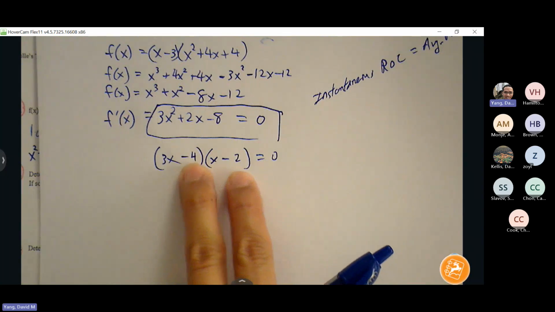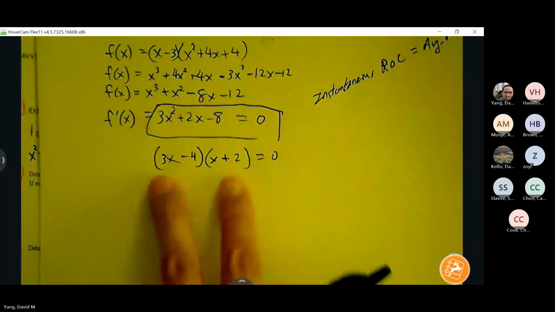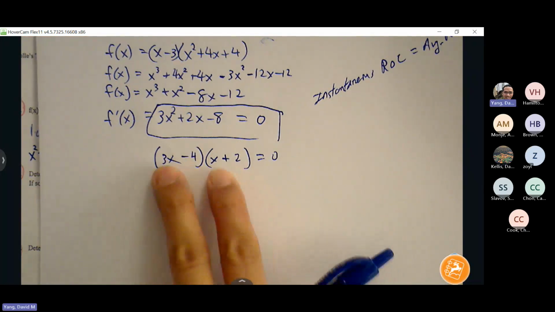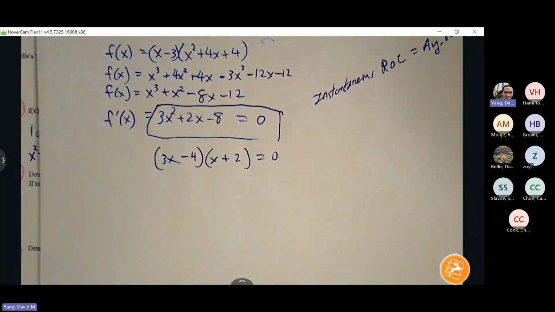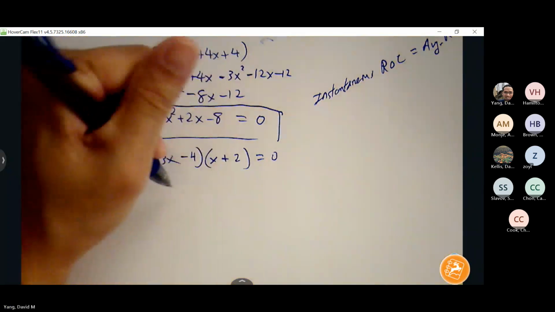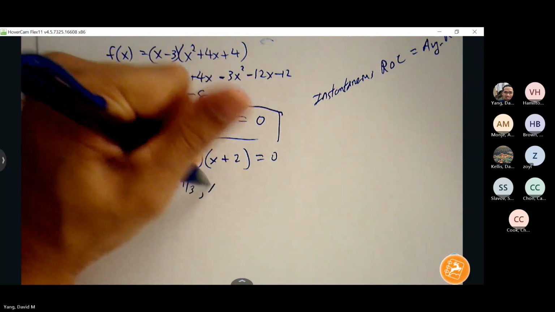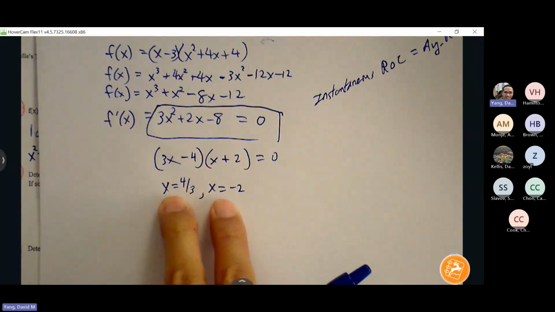Okay, I want the positive 2 here, so this gives me 3x squared minus 4x plus 6x minus 8. Okay, so I can solve for x now. x is 4/3 and -2. Right, set both equal to 0, solve for x.